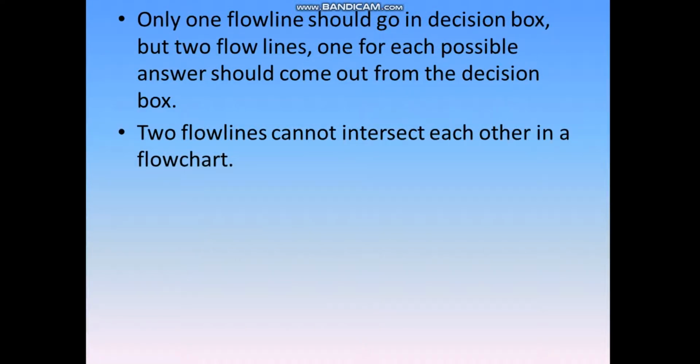Other rules: only one flow line should go into a decision box, but two flow lines, one for each possible answer, should come out from the decision box. मतलब decision box में एक लाइन आएगी, बट उसके आंसर्स दो तरह से जा सकते हैं, either it can be yes or either it can be no. सो आएगा एक, बट उसमें से दो निकल सकता है. Two flow lines cannot intersect each other. We must always keep in mind that one flow line is not intersecting the other one.